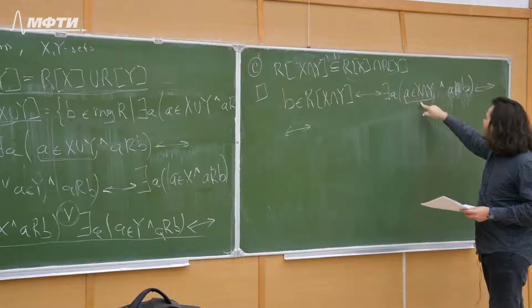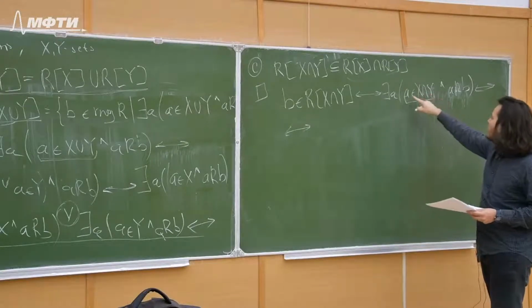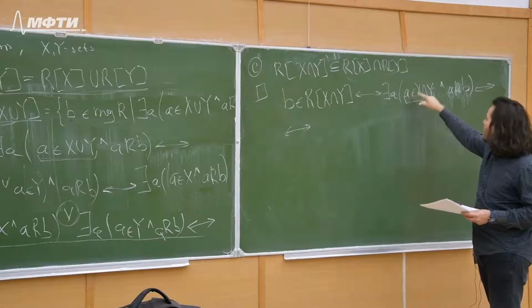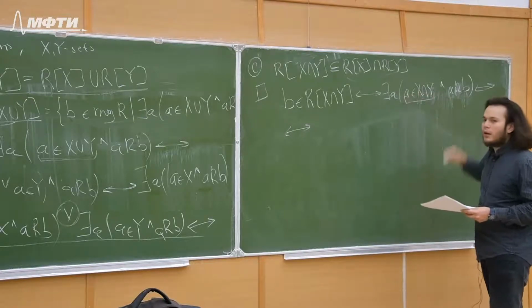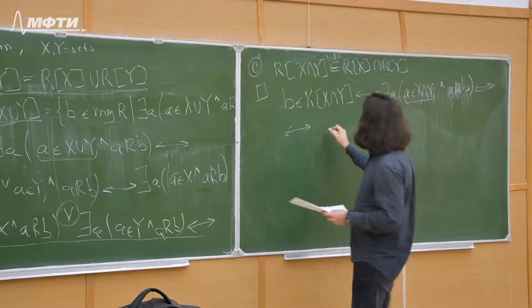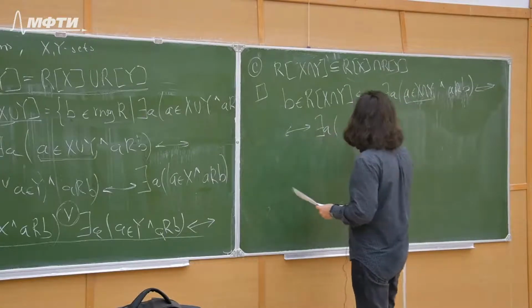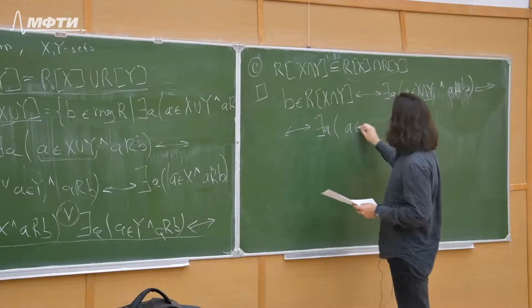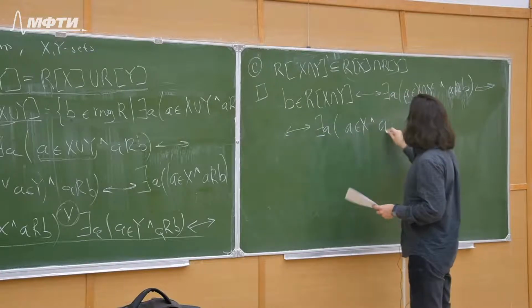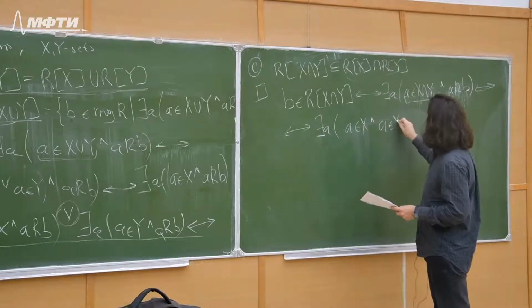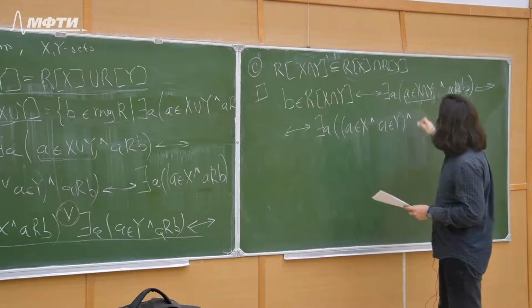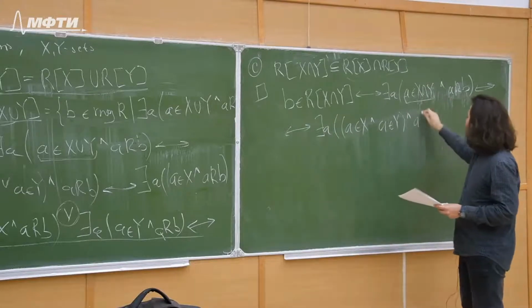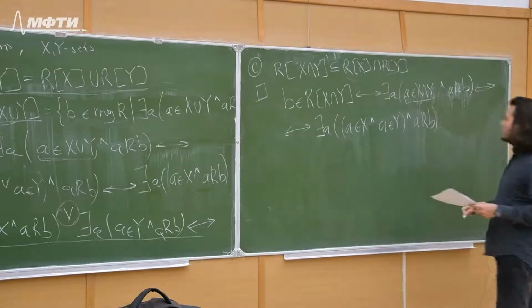In this case, A is in the intersection of X and Y. So A is in X and A is in Y, right? So we have that there exists some A such that A is in X and A belongs to Y as well, and A R B, right?